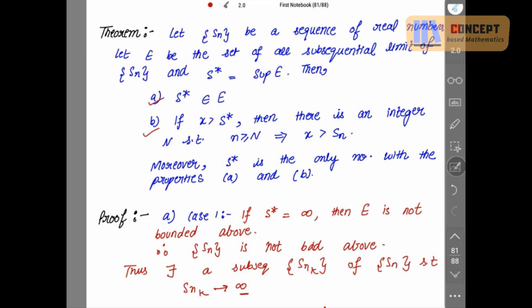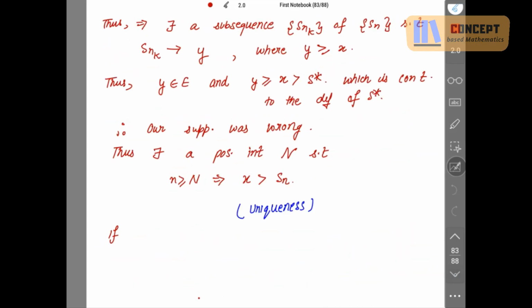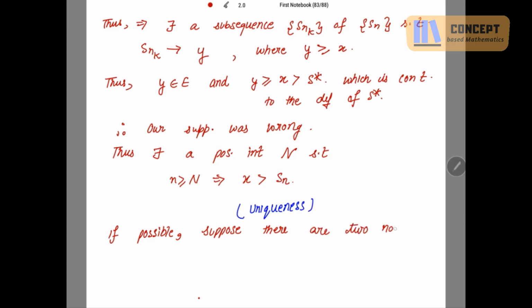So suppose we are having two real numbers which satisfy A and B. So if possible, suppose there are two numbers P and Q which satisfy A and B, and let one number be different from another.